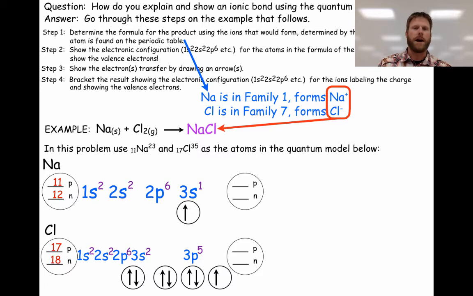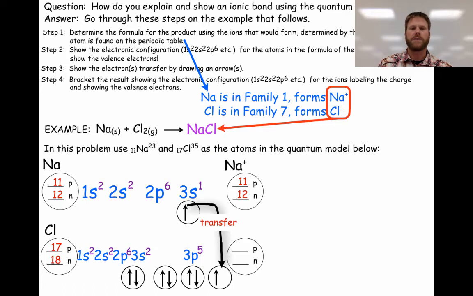So with this quantum model, you can see how the electrons are going to transfer and how the result is 2 full valence shells for each atom. So sodium is going to transfer its 1 valence electron to chlorine. And so the result is what we'll draw over here. We'll draw the sodium ion electron configuration.